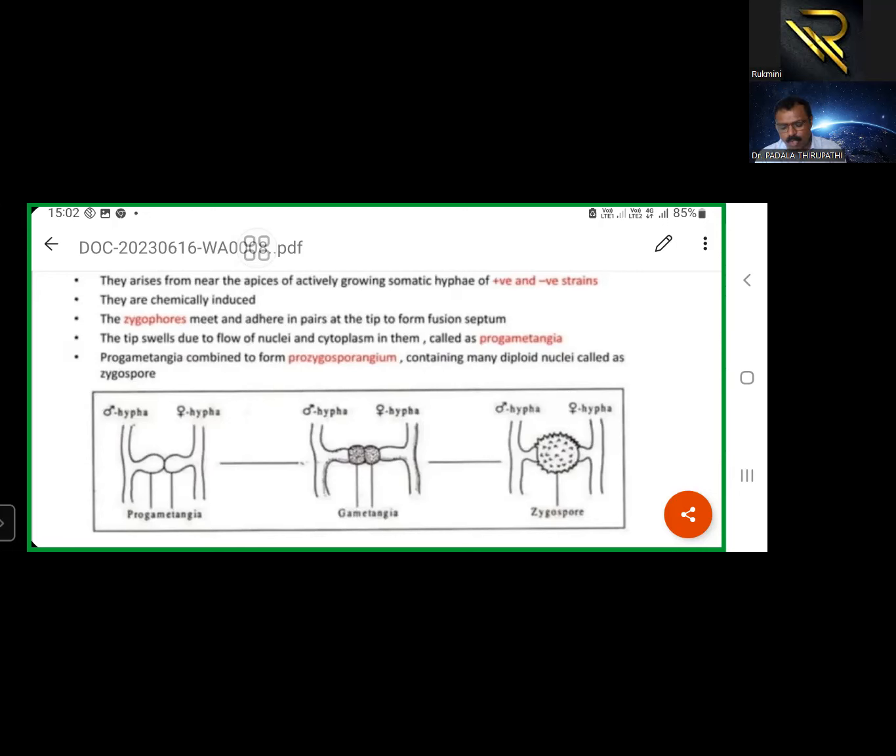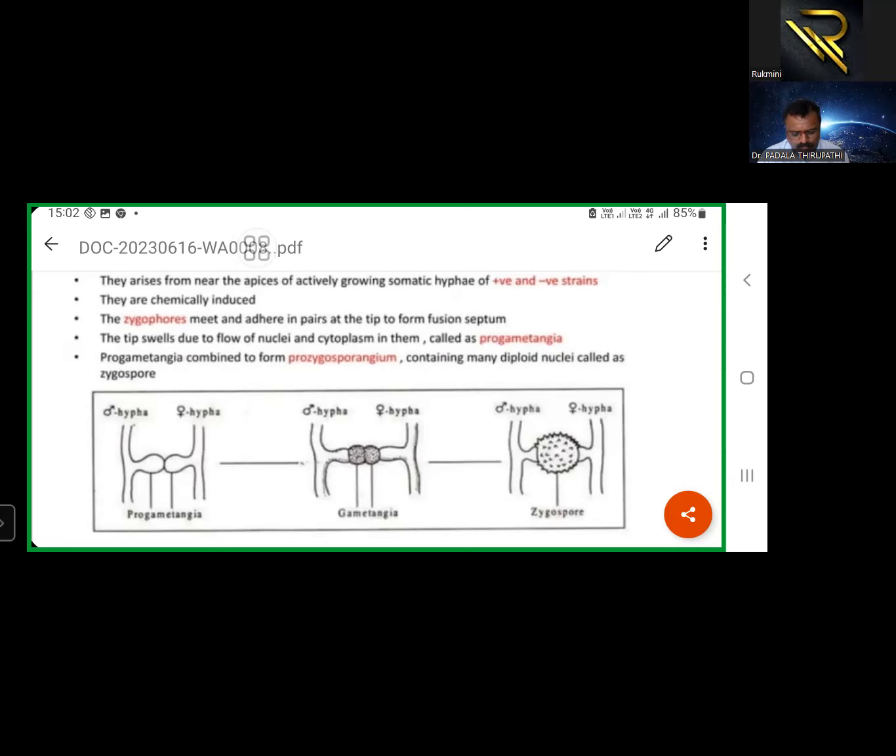The left-side one is going towards the right, and the right-side one is going towards the left. So at some stage, these two gametangia touch each other.